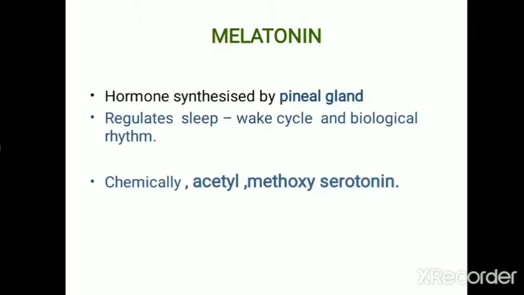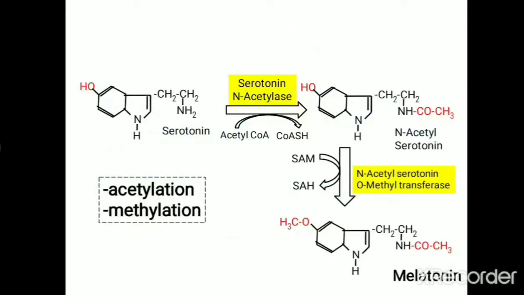Then you should write how this serotonin is converted into melatonin. So melatonin is a hormone secreted by the pineal gland, and that has an important role in maintaining the biological rhythm. It's a simple pathway. The first one is acetylation reaction, followed by a methylation reaction. The important thing is, during acetylation reaction, the acetyl group donor is acetyl-CoA, and for methylation reaction, it is a transmethylation reaction.